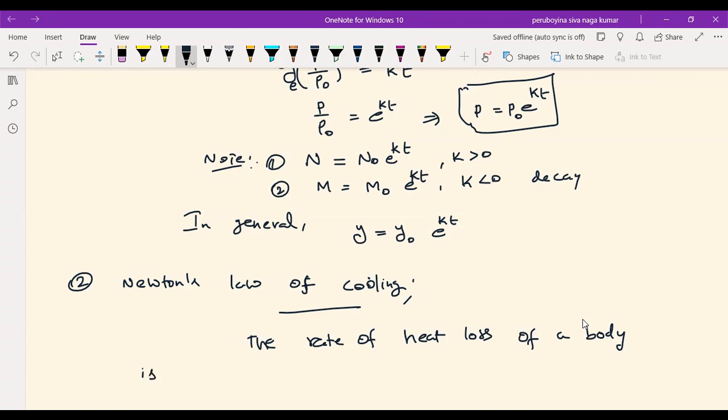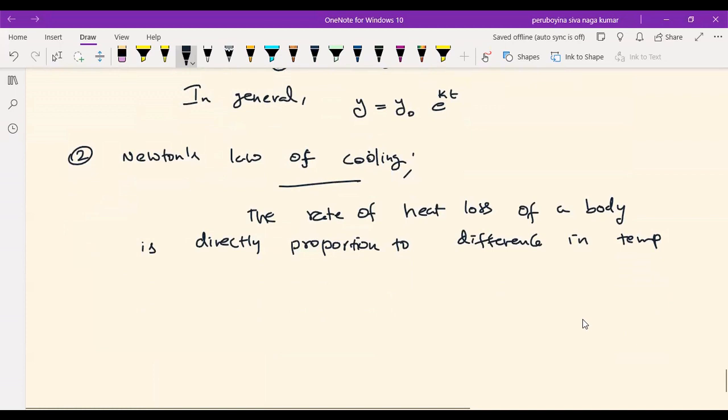The rate of heat loss of a body is directly proportional to the difference in temperature between the body and its surroundings.